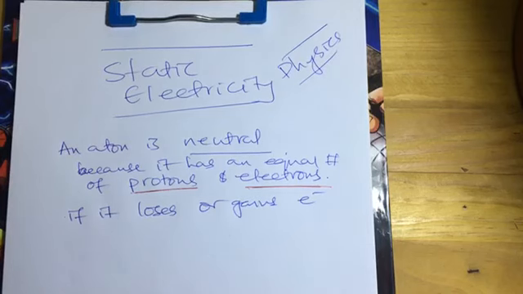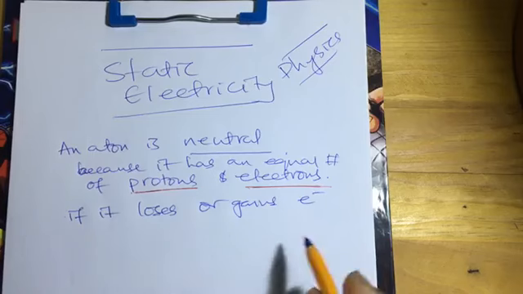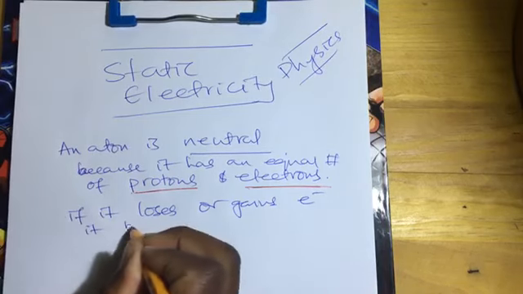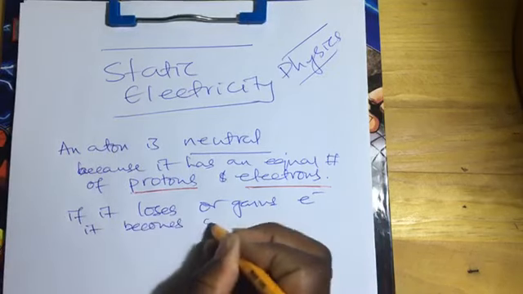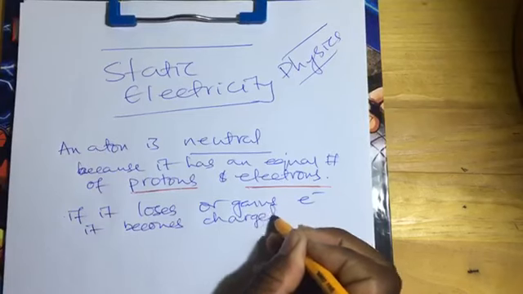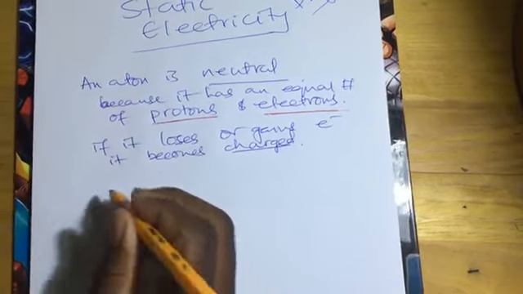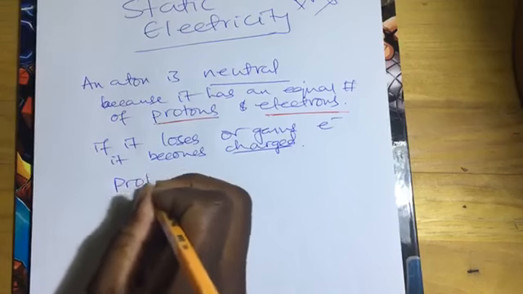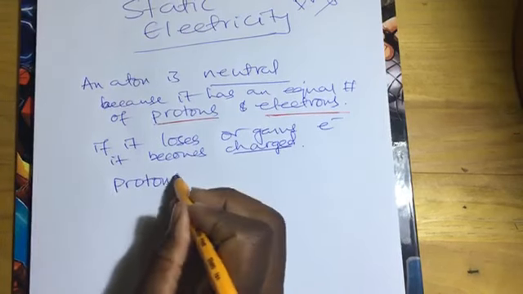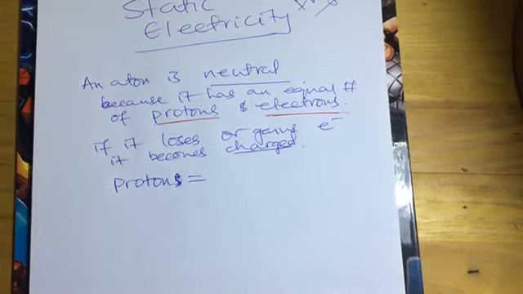If you remember how we draw metallic bonding, we would have delocalized electrons and so on. So electrons are the ones that are free to move. So if it loses or gains electrons, it becomes charged. Okay. So each proton has a specific charge.